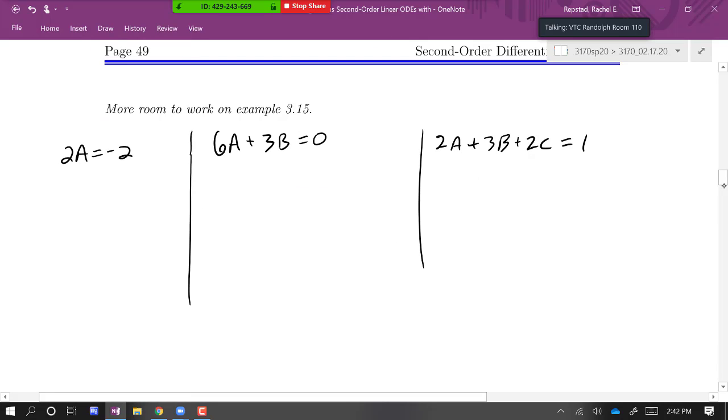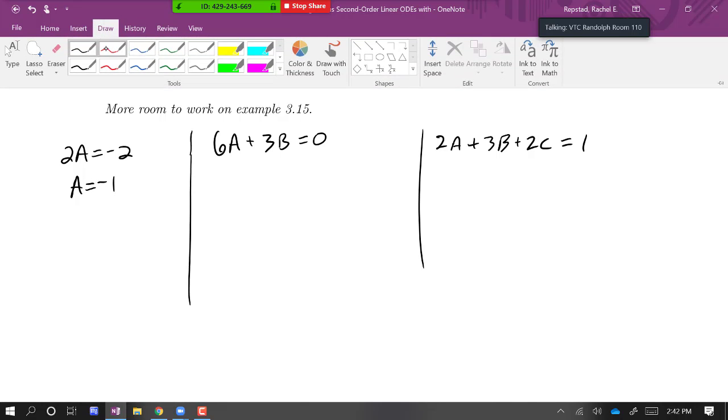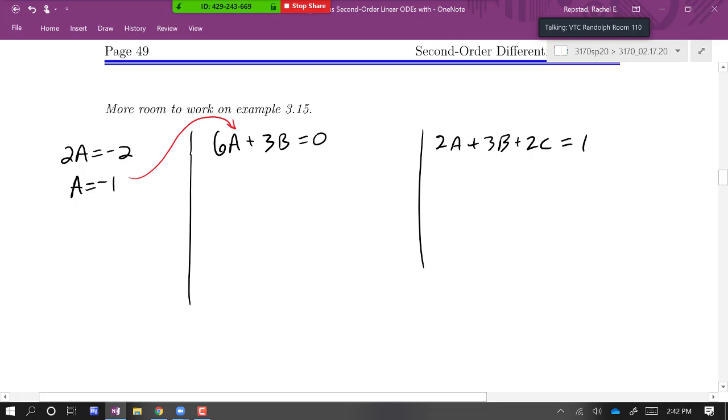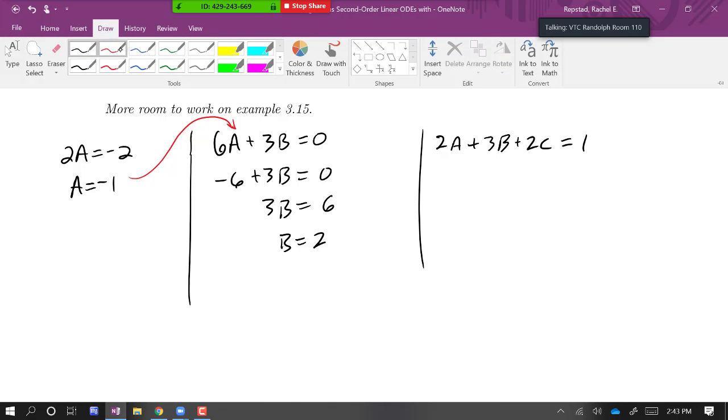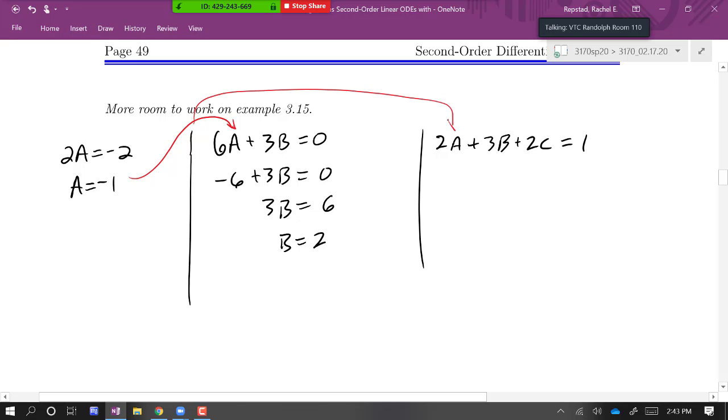All right, so now we have 3 equations and 3 unknowns. We got some low-hanging fruit right at the beginning. A has to equal negative 1. So I get to use that in this equation here. Negative 6 plus 3b equals 0, or 3b equals 6, and b is equal to 2. Great. So now I know A and I know B. Throw those in the next one.